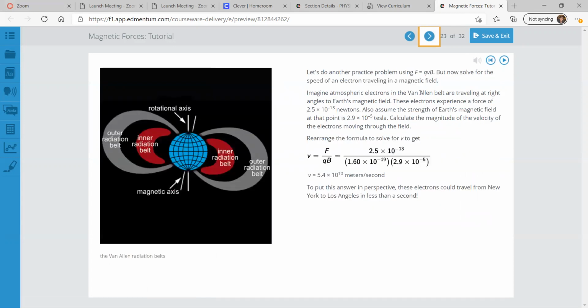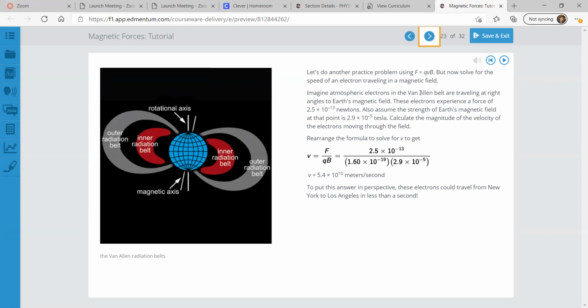Let's do another practice problem using F equals QVB. But now solve for the speed of an electron traveling in a magnetic field. Imagine atmospheric electrons in the Van Allen belt are traveling at right angles to Earth's magnetic field.